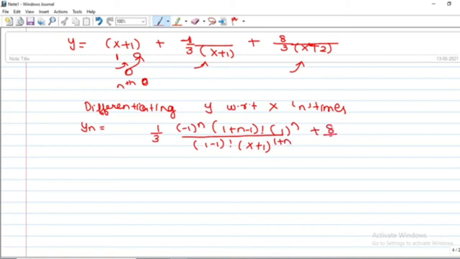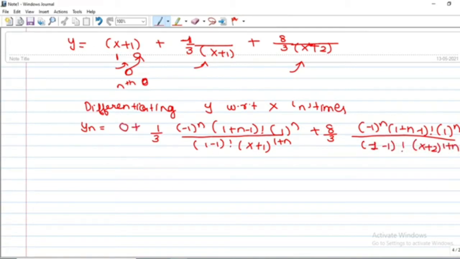Similarly we will take the nth derivative of the second term, which will be minus 1 power n, (1 + n - 1) factorial, into 1 power n, upon (x - 2) to the power 1 + n. So after this it will be 0. Okay, so we are done with this.